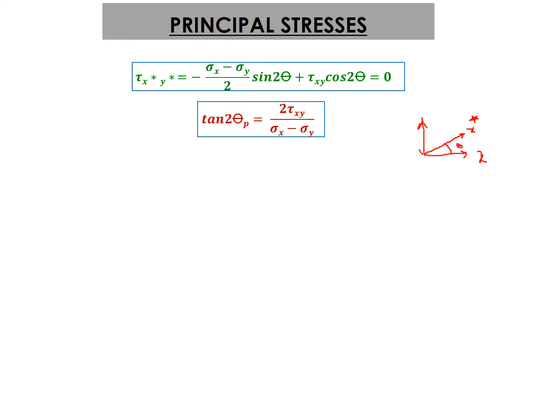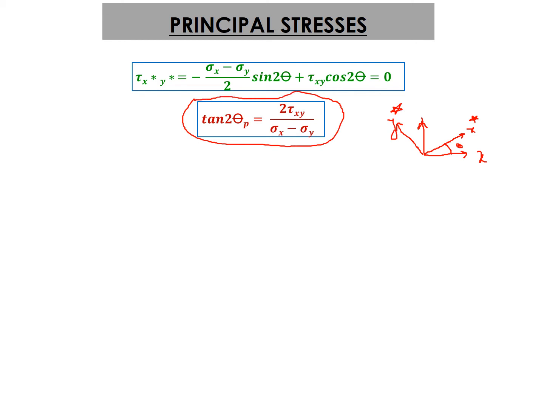Now we can find out the value of the stresses about these new axes, x star and y star. In this rotation there will be a value of theta at which you won't get any shear stress. At that point we get the principal axis, which can be calculated using this equation. This equation can be used to find out the location of the principal axis.